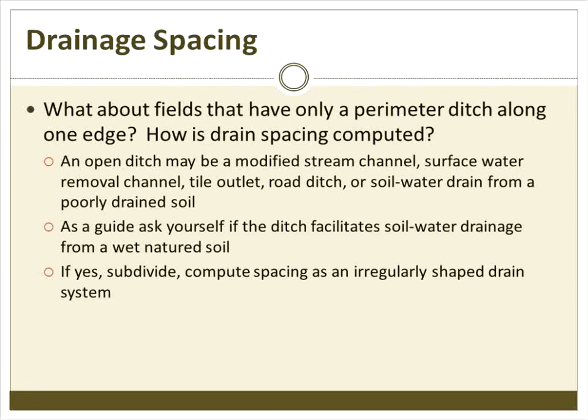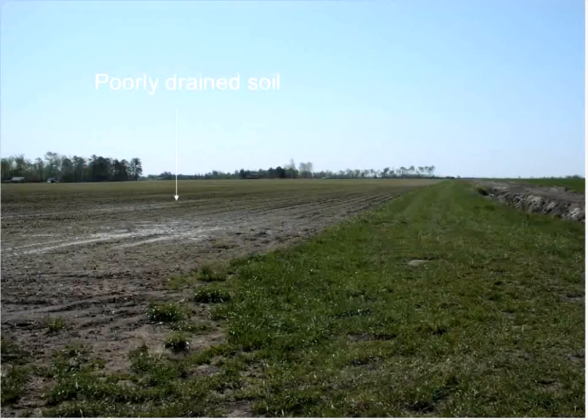What about fields that only have 1 perimeter ditch along the edge? How do we figure out that spacing? This situation actually happens quite a bit, and it's not too dissimilar from what we just showed you. So we have a poorly drained soil here. We have this perimeter ditch here. We assume that this area is drained by this ditch.